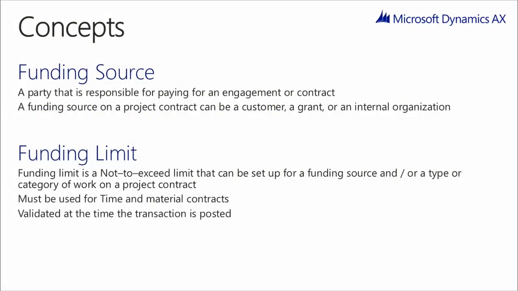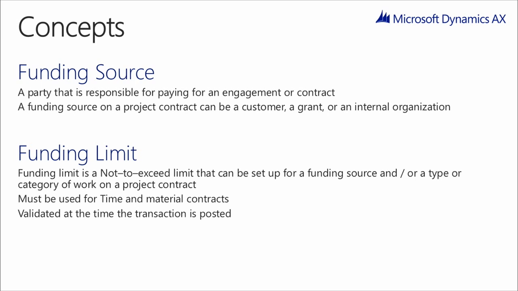A funding source is a party that is responsible for paying for your engagement. Now, a funding source on a project contract can be a customer, grant, or an internal organization. If it's a customer, it's an externally funded project, and if it's a grant, it is also externally funded, but you're using the grant money, which requires the same invoicing process, but the money is coming from a grant and not from a customer.